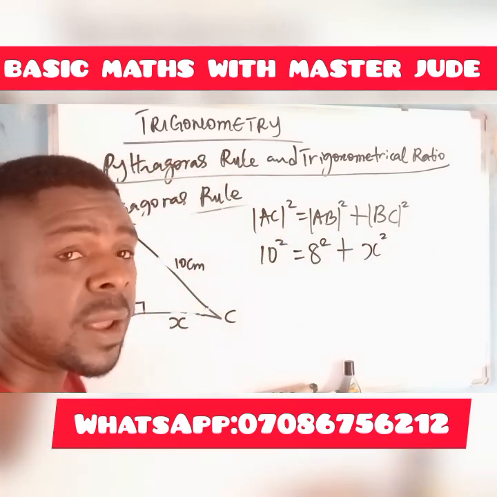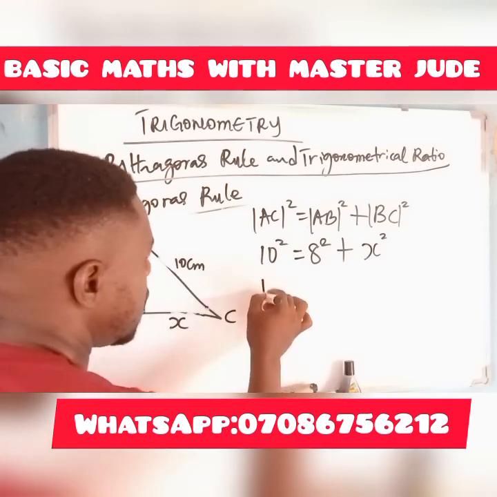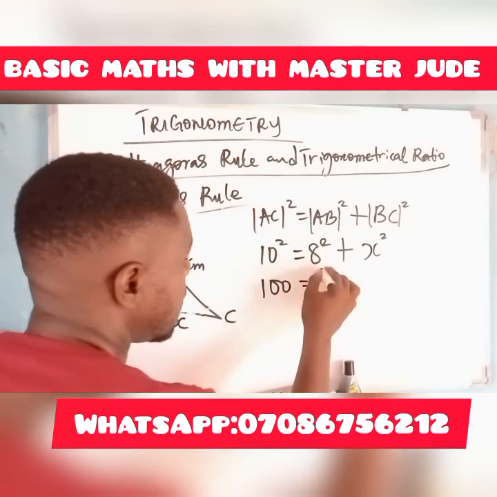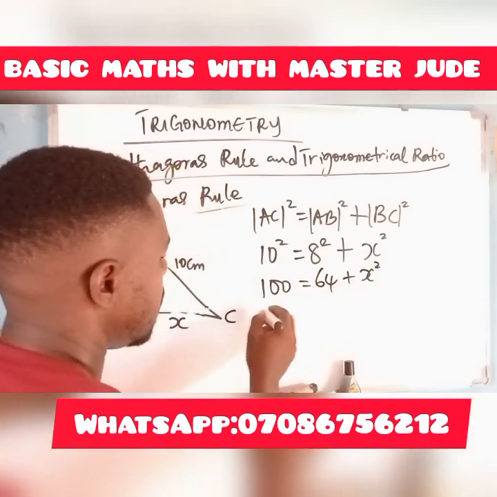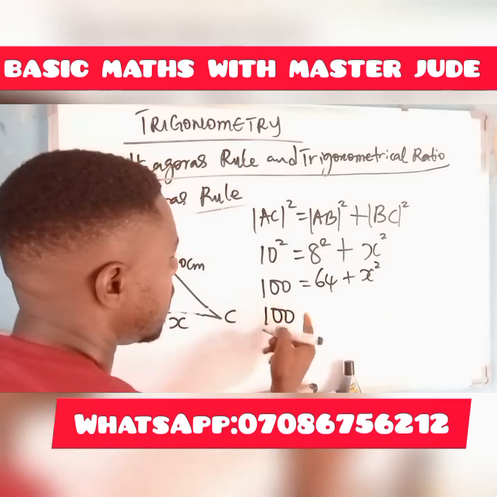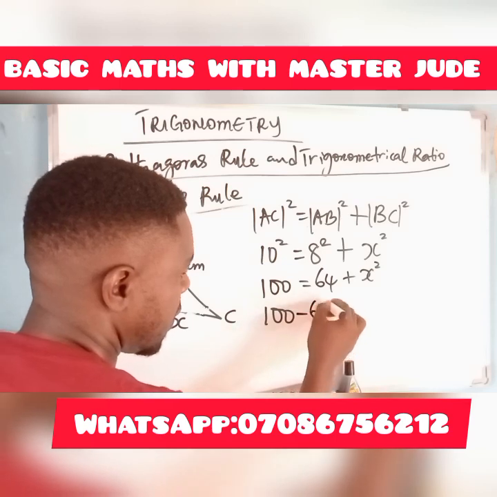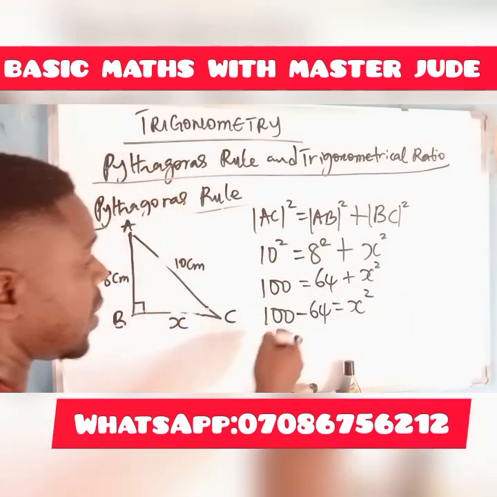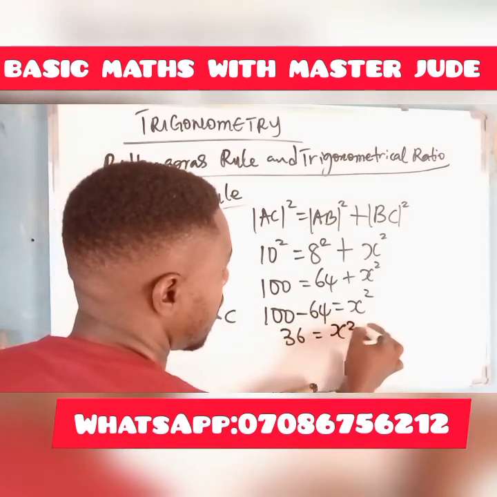Now 10 square is the same thing as 10 multiplying 10, which is 100. 8 square is 8 multiplying 8, which is 64, plus x square. Now 100, crossing over the equality sign, 64 becomes minus 64, is equal to x square. 100 take away 64 will give us 36 is equal to x square.